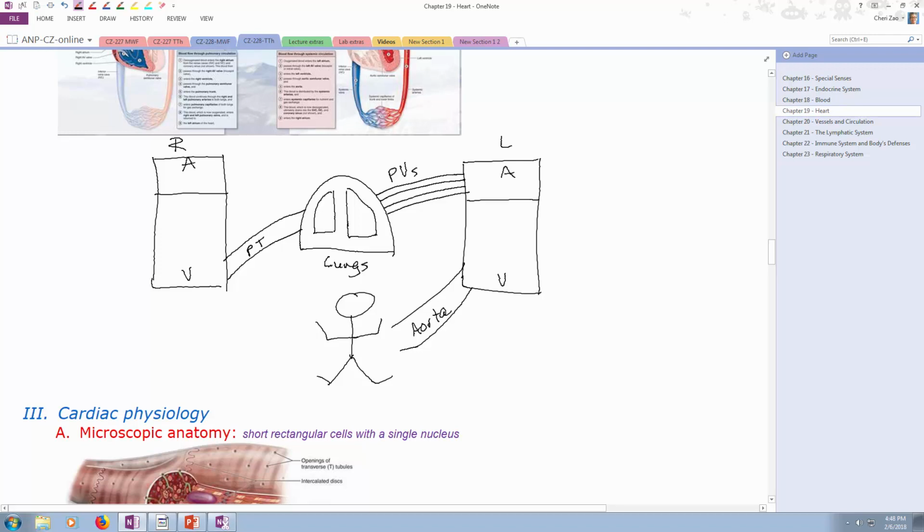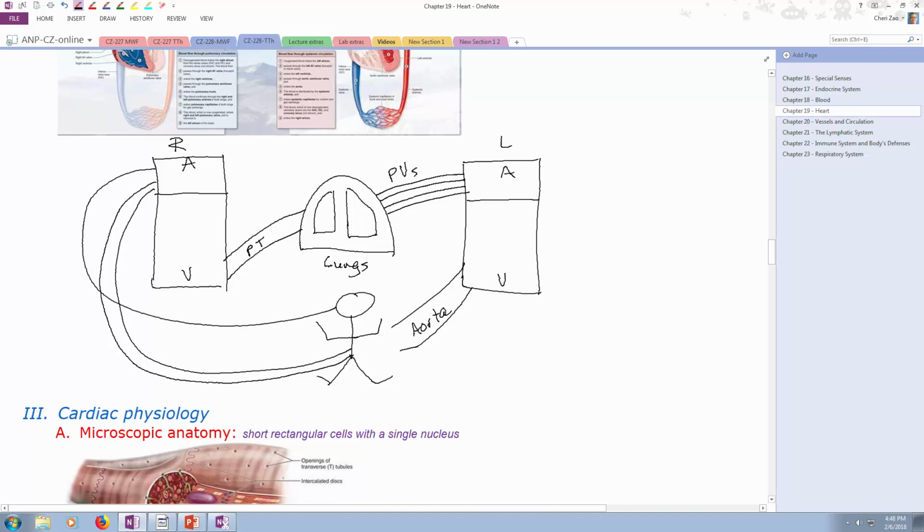So I'm going to go from this area up here, and then I'm going to go from this area. I'm going to have a little overlap, but I think you guys can appreciate what I'm trying to do here. One of these is the SVC and one of these is the IVC, correct? So the one from the head is the SVC and the one from the body is the IVC.